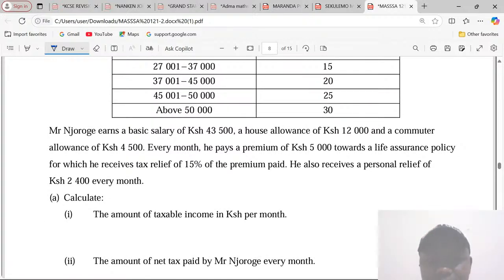Every month, he pays a premium of 5,000 towards a life assurance policy for which he receives tax relief of 15% of the premiums paid. He also receives a personal relief of 2,400 Kenya shillings every month.